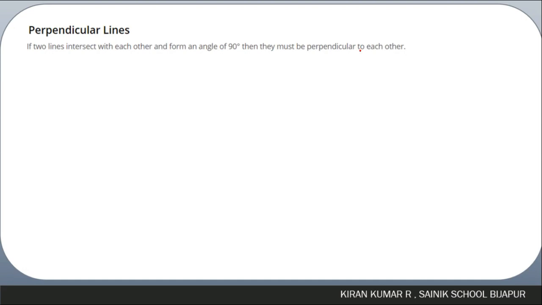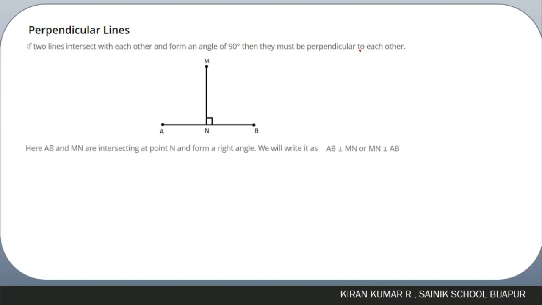Next concept we learn is related to perpendicular lines. If two lines intersect each other and form an angle of 90 degrees, then they must be perpendicular to each other. Look at this figure. AB is a line segment, there is another line segment, MN, they both intersect each other at point N. And thus it is forming an angle measuring 90 degrees, and it is symbolically mentioned using this rectangle.